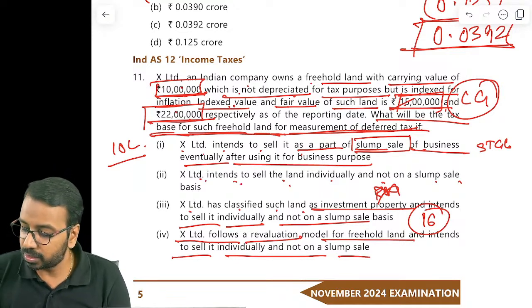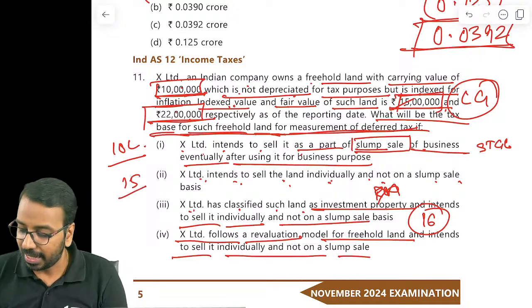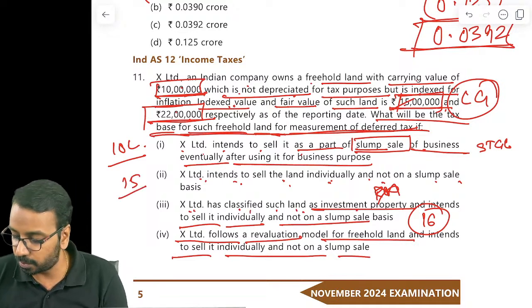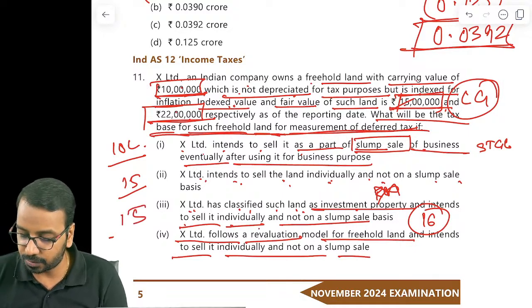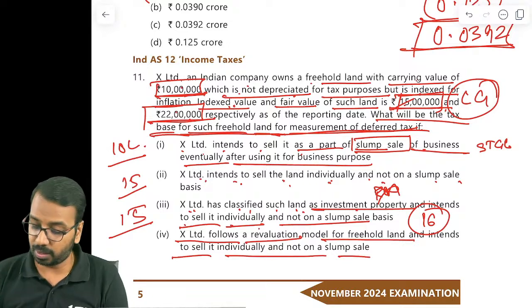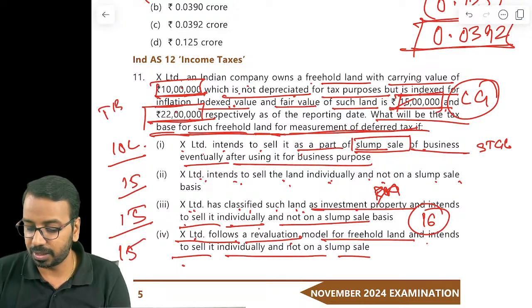If X Limited intends to sell the land individually, then 15 lakhs will be your tax base. If X Limited has classified such land as investment property and intends to sell it individually, then also it becomes 15 lakhs because you get an indexation benefit. If X Limited follows revaluation model and intends to sell it individually, here also your tax base is 15 lakhs.